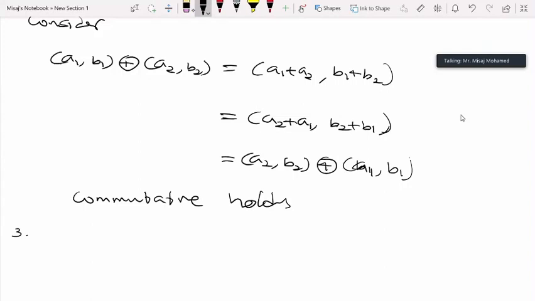What is the next property? For that, how many elements do we have to take? Three elements.